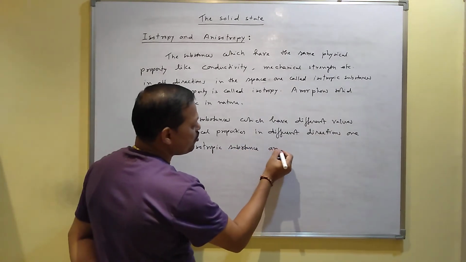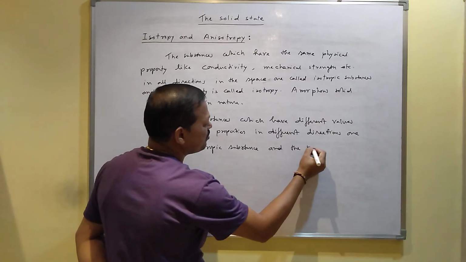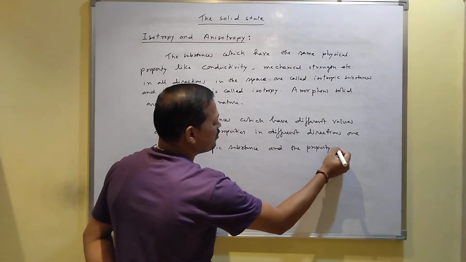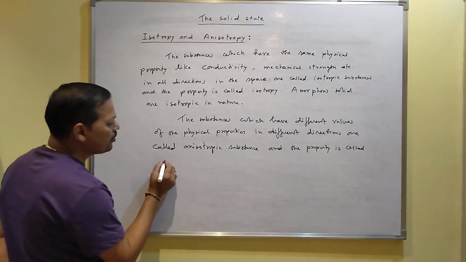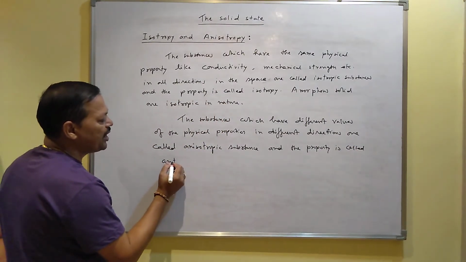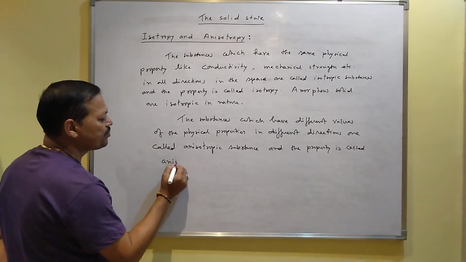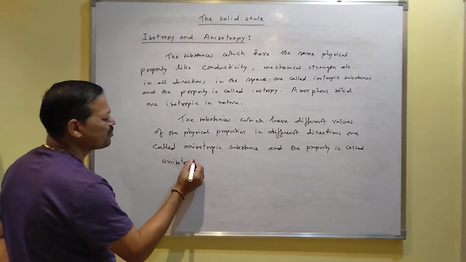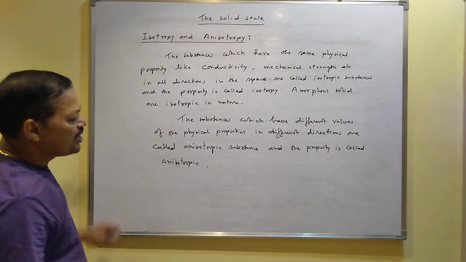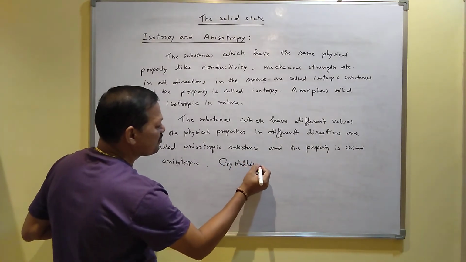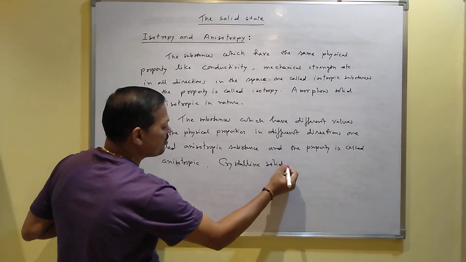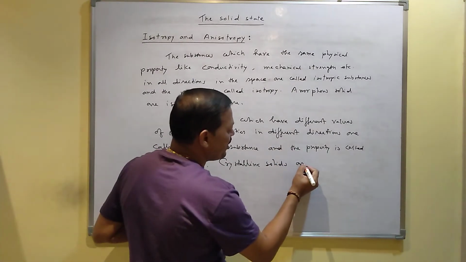And the property is called anisotropy. Crystalline solids are anisotropic in nature.